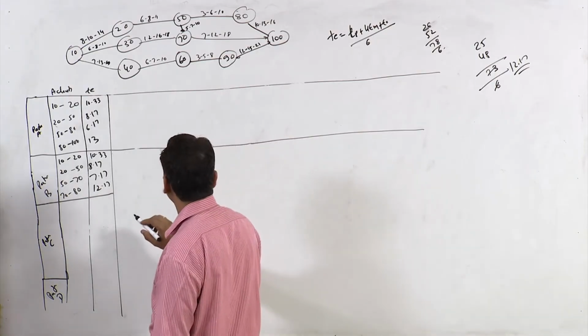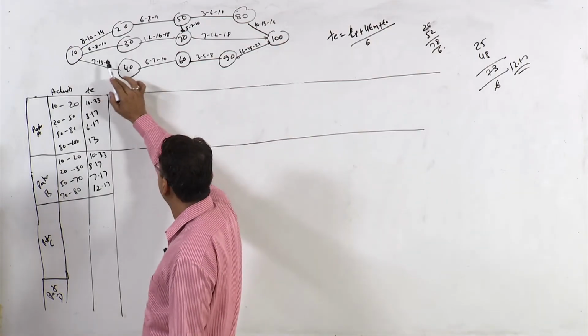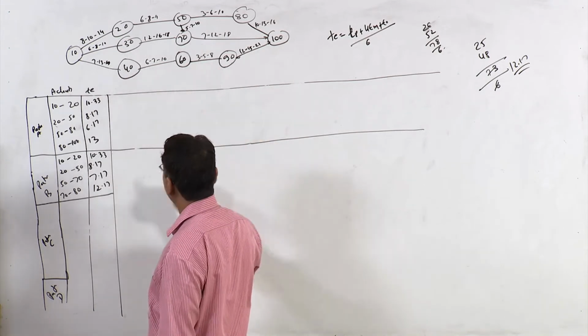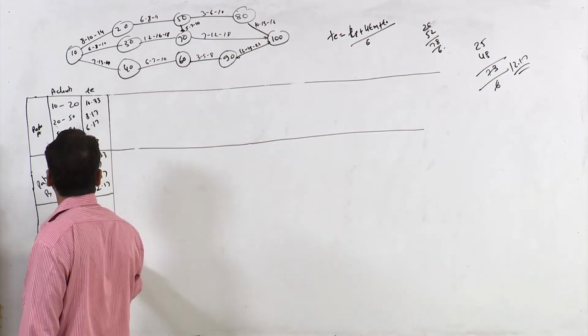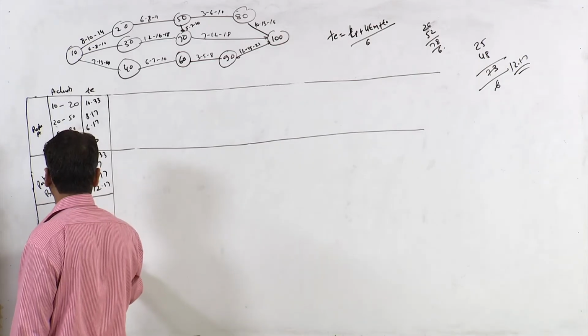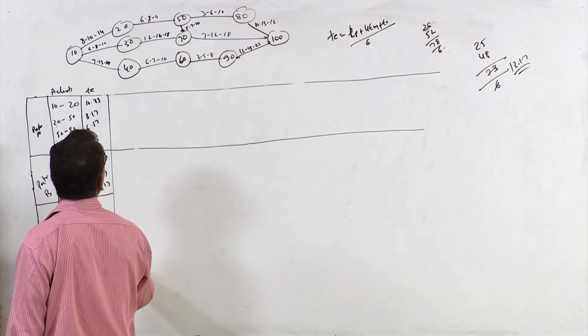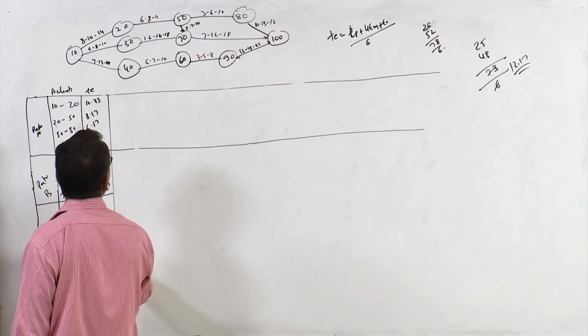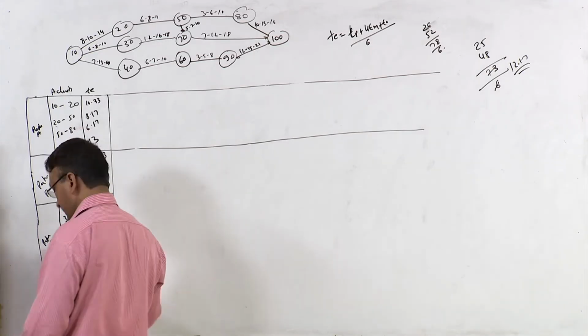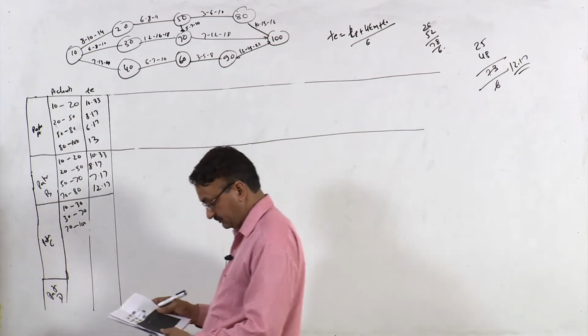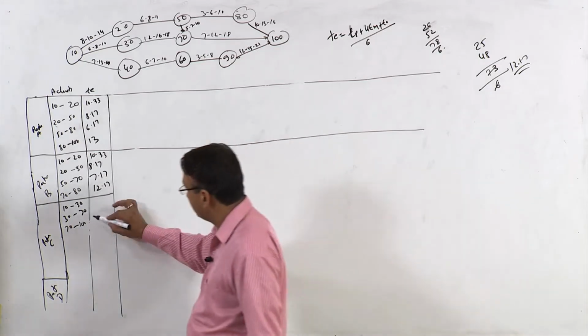So now you can write TE values for path C and path D. Which is path C? It's 10, 30, 70 and 100, right. 10 to 30, 30 to 70, 70 to 100. Only three activities.